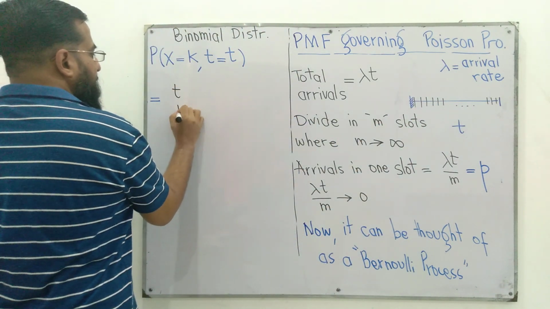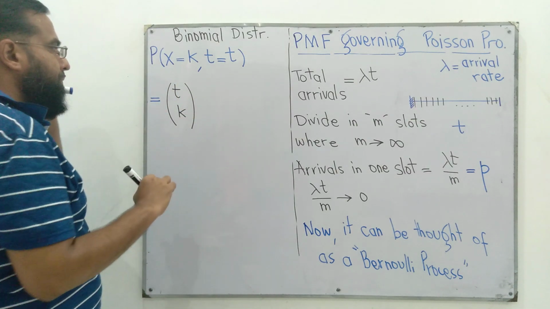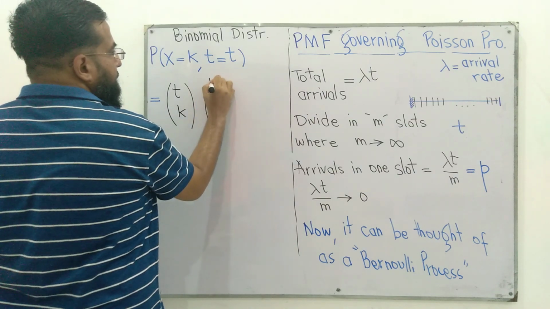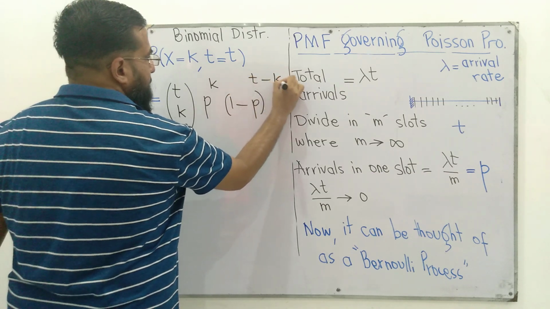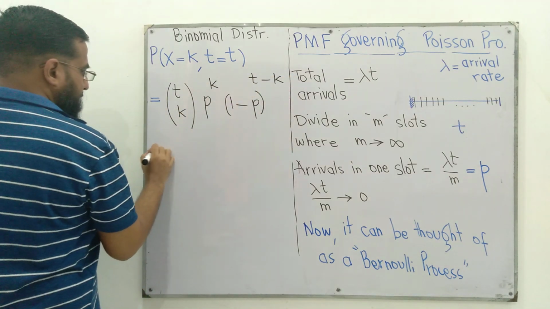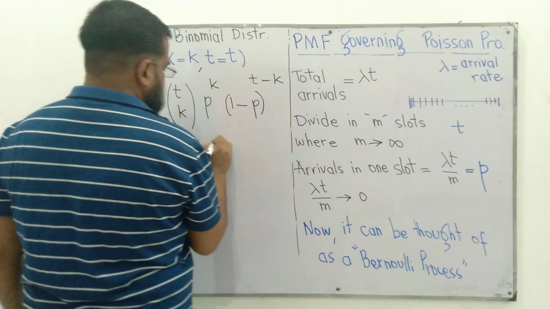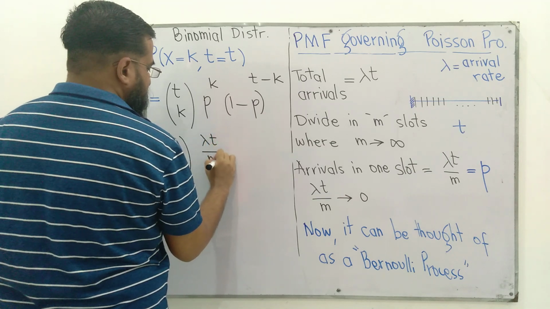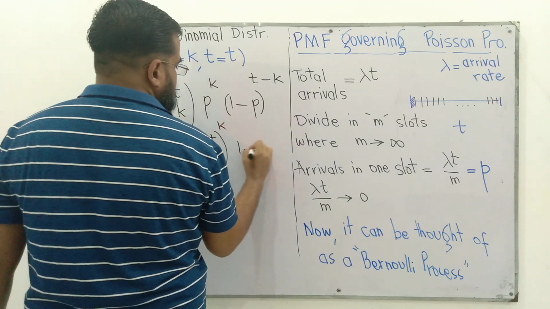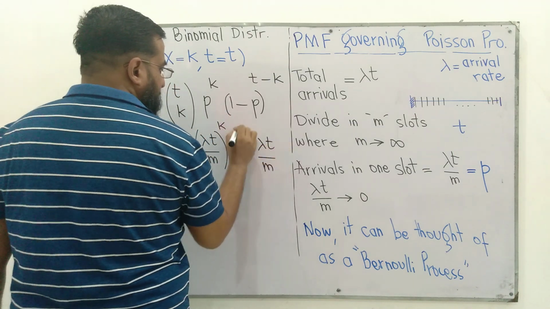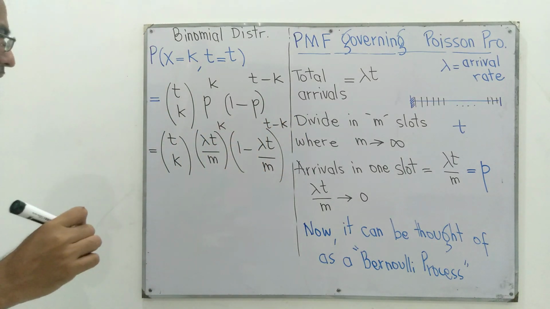So that would be m combination k, the probability of success to the k, 1 minus probability of success to the m minus k. Where the probability of success is lambda t over m, where m approaches infinity, to the k, 1 minus lambda t over m to the power m minus k.